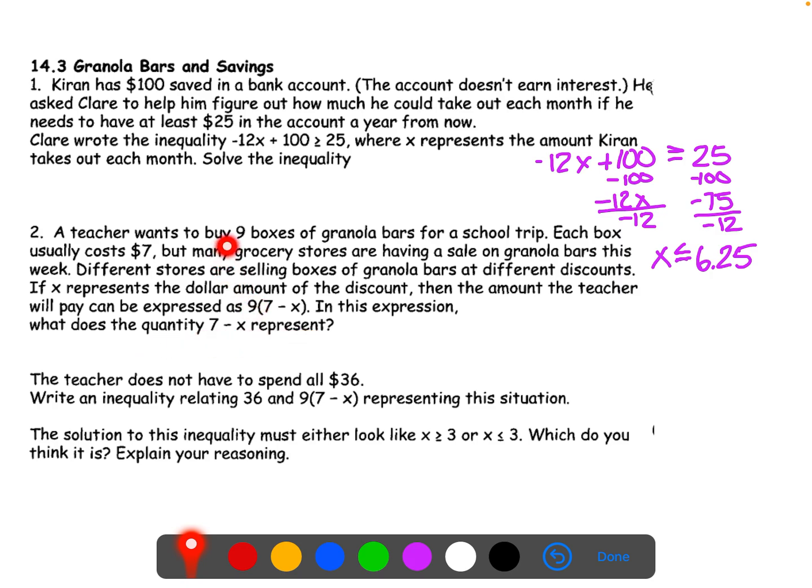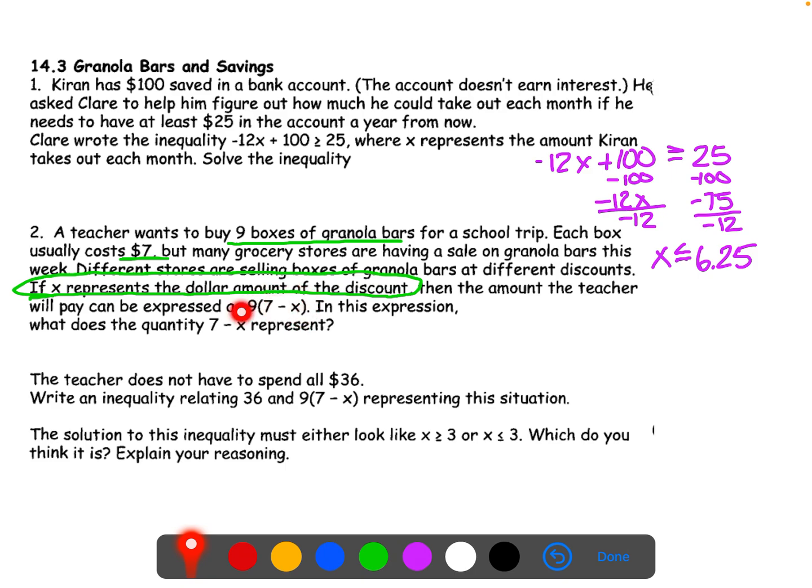Well, I can see 9 refers to the 9 boxes of granola bars that are needed. Each box usually costs $7, and then it said that there's different discounts. If x represents the dollar amount of the discount, what does 7 - x represent? 7 - x is the price of the granola bars minus the discount, whatever it is at each store.